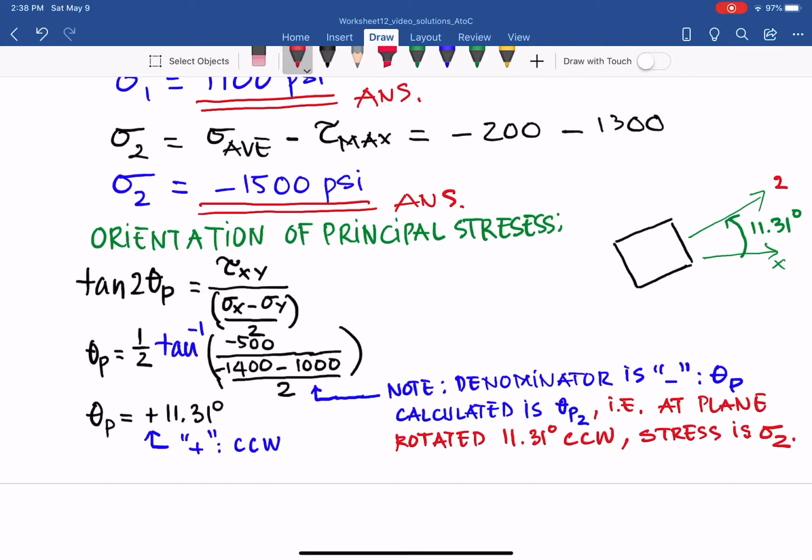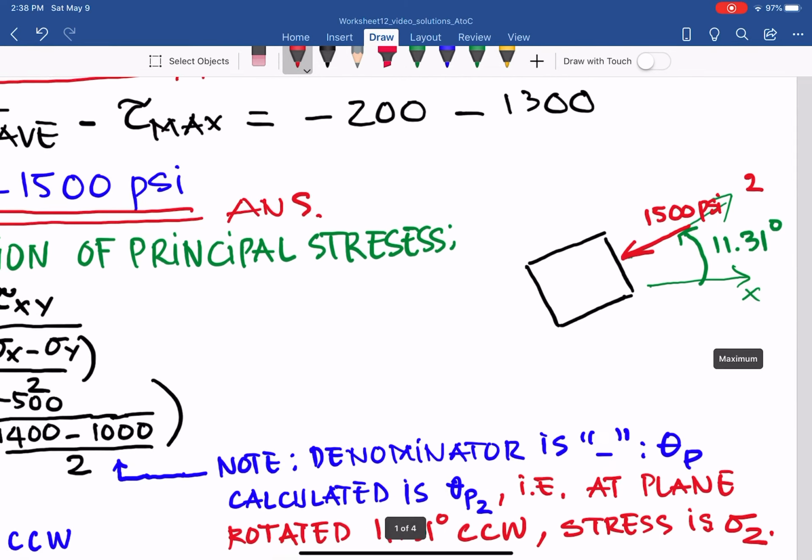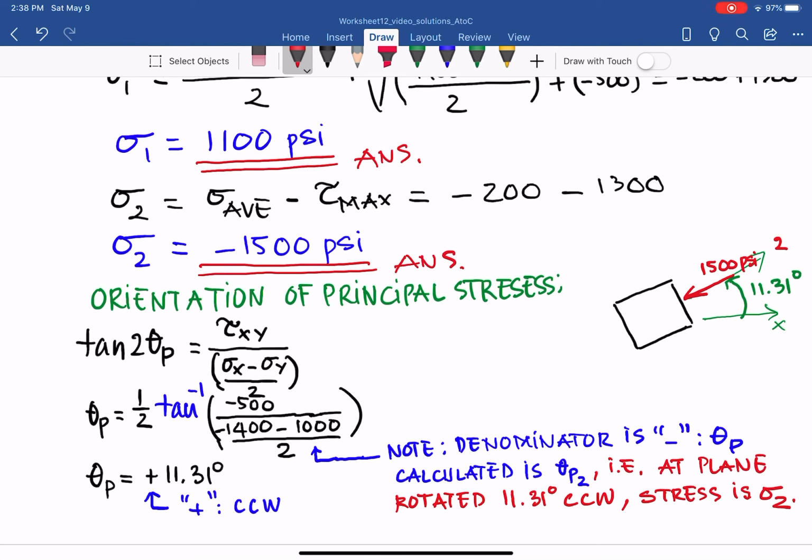So in this case we have sigma 2, which is 1500 psi, compression. And of course, at the other 90 degrees, we have sigma 1.